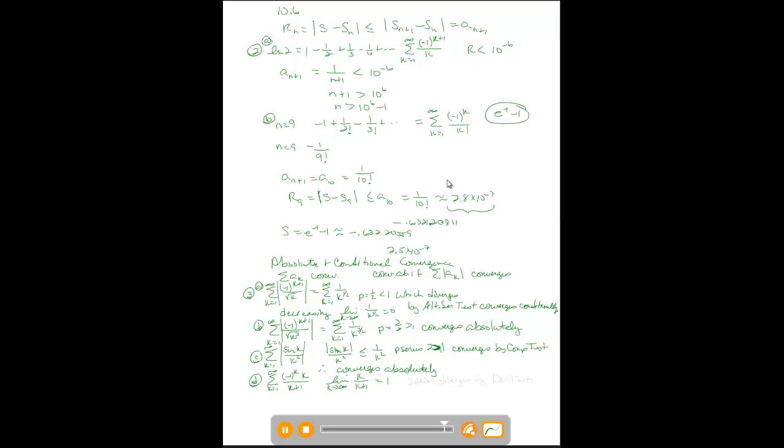The terms of the series are not tending towards 0, and so by the divergence test, it diverges. Because if the limit's not going the right way, it's supposed to be heading towards 0, and it's not heading towards 0.